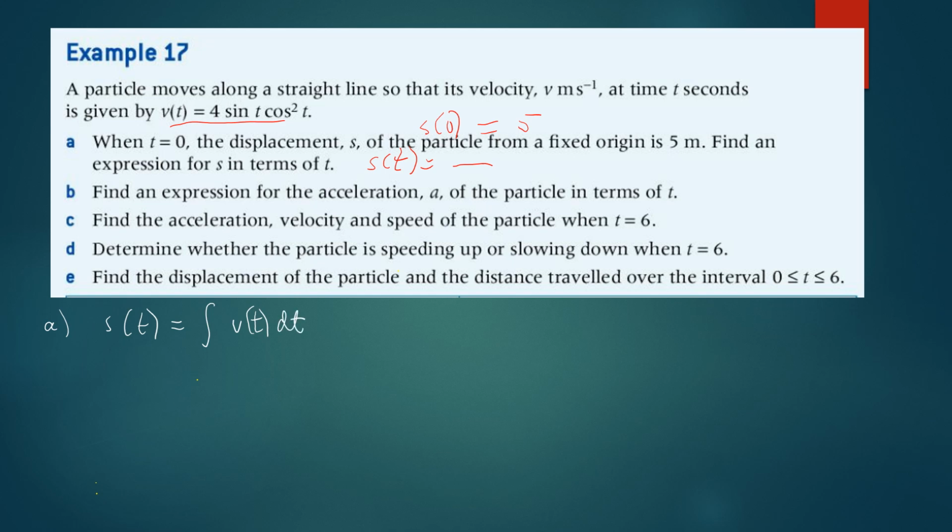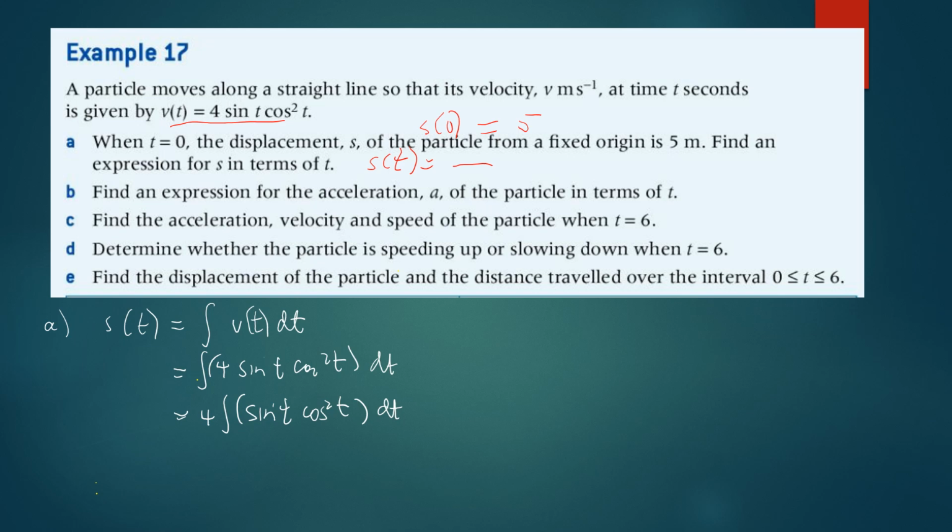dt. So we integrate 4 sine t cosine squared t. This could also be written as 4 times the integral of sine t cosine squared t dt. Okay, pause for a while and try to recall the best rule to follow in integrating this function.